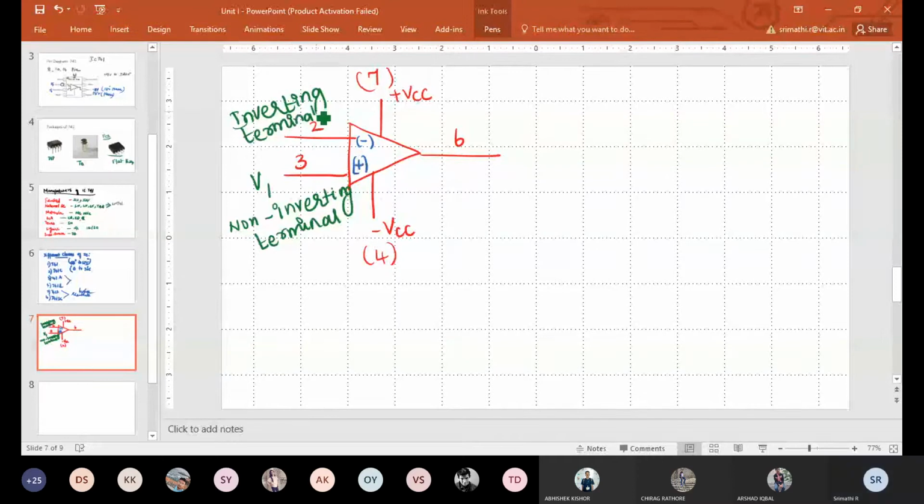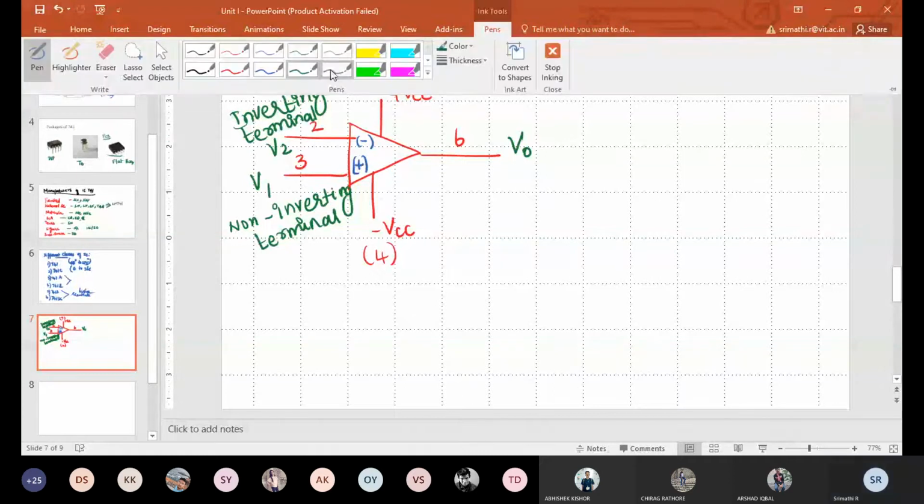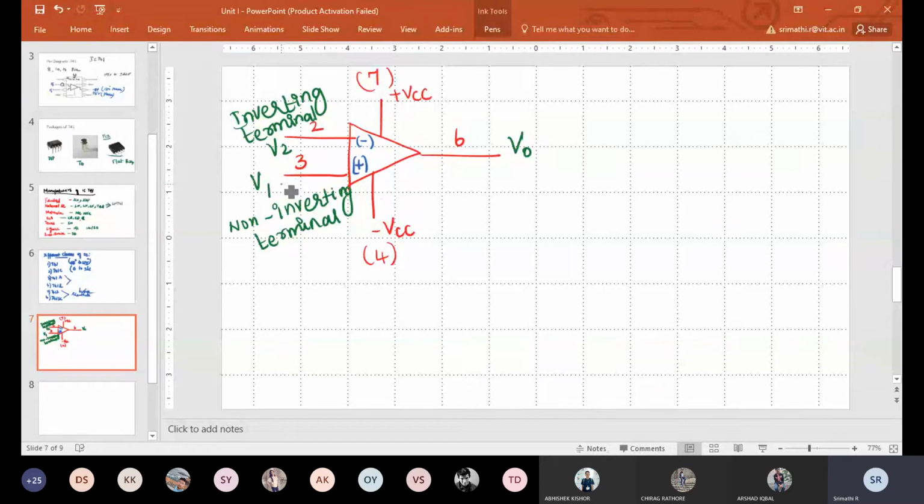Now this input is V2. Let me name this inverting terminal input as V2. And the output will be represented as V0. Let the current flowing through this terminal be I1.